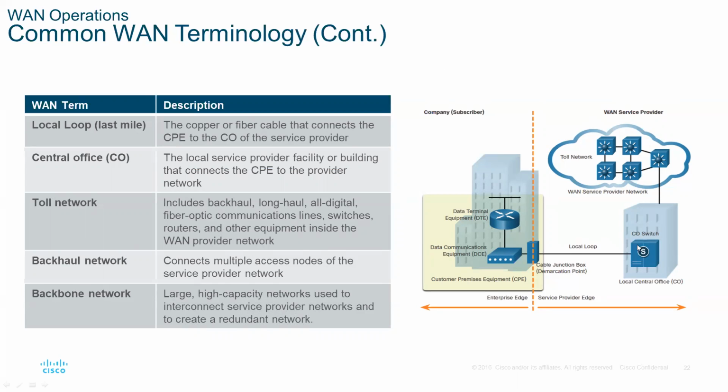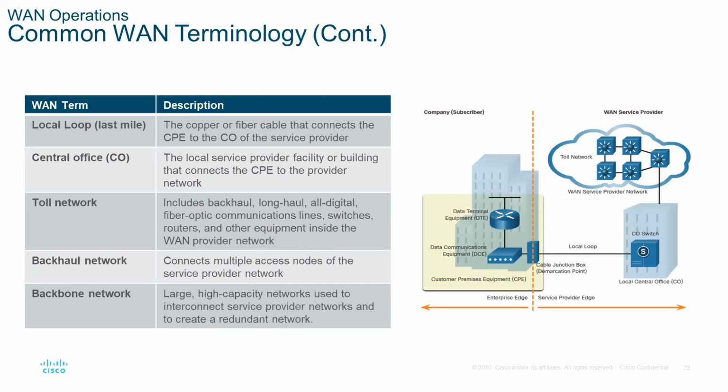So wherever that telecommunications central office is located. In Australia we call these things exchanges. They're Telstra exchanges, or Optus exchanges, whatever the telecommunication provider's location for their equipment is.